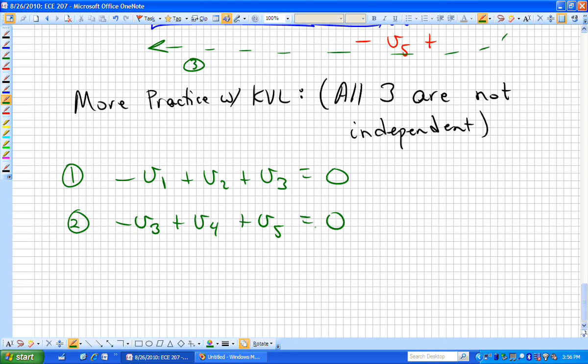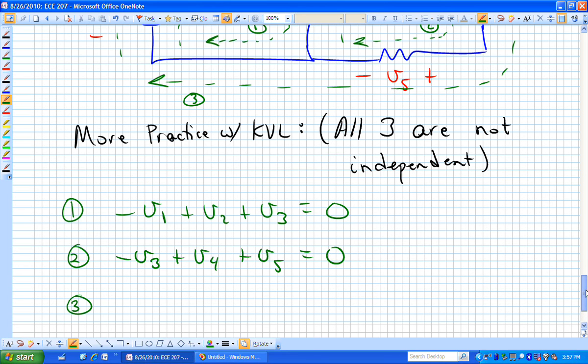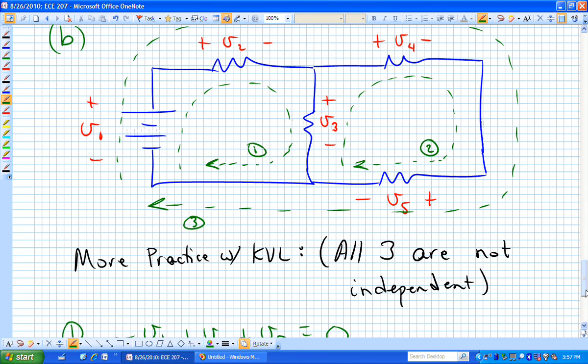Questions on that? Are we clear where that came from? Now let's look at the third loop or mesh. With this big loop, we're going to go through V1 through the negative terminal first.